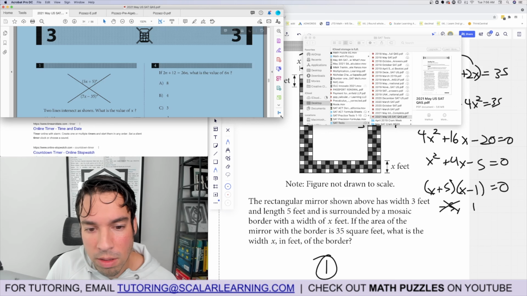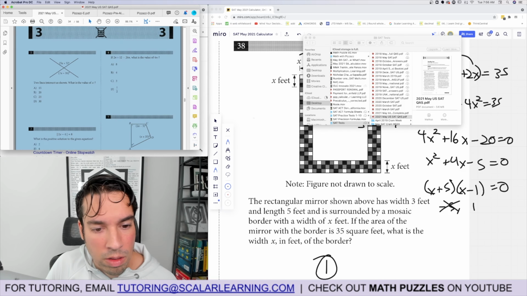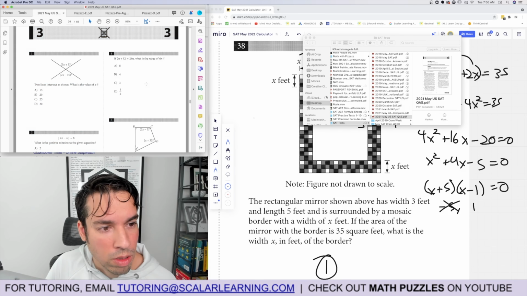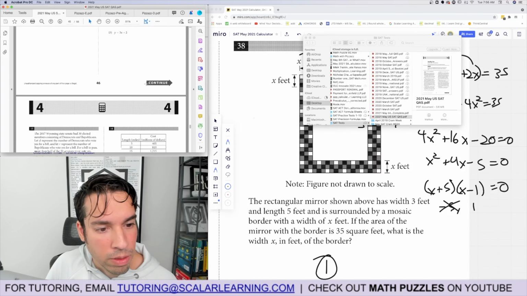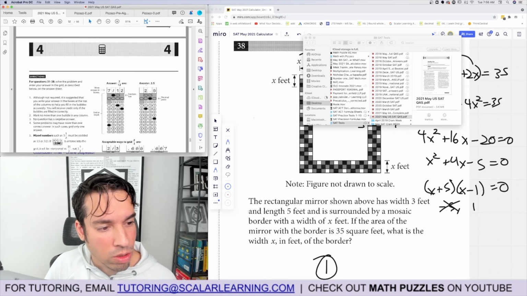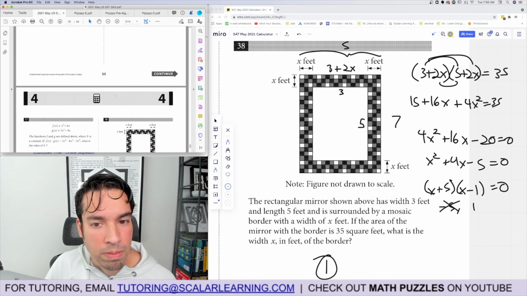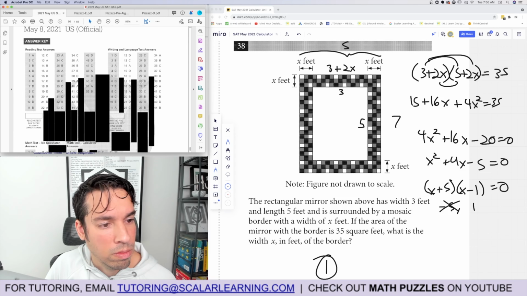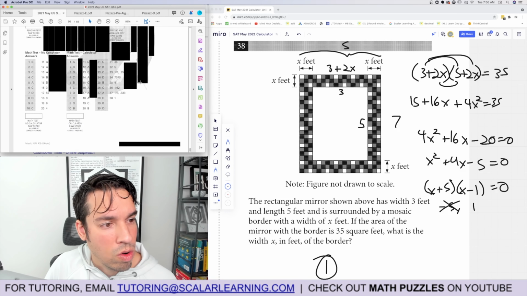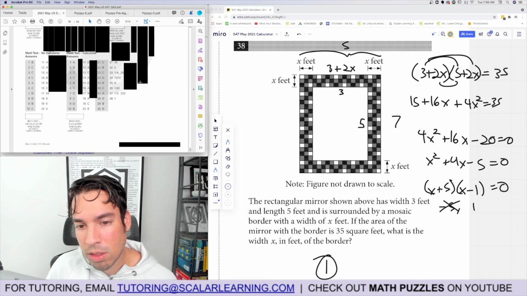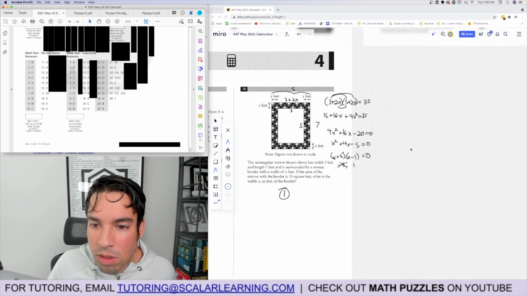Oh man, this is really kind of glitching. It's not glitching, it's just going so slowly. All right, now let's close this. All right, math calculator. Let's go ahead and zoom out.